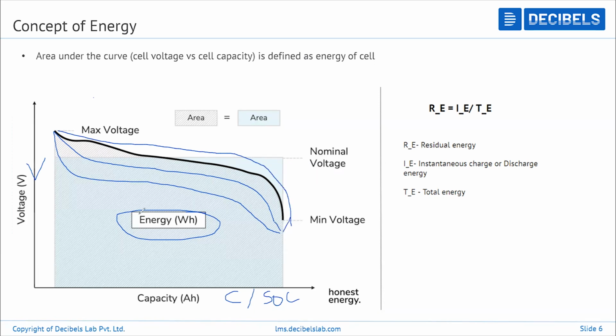At the end, the energy area between voltage and capacity decreases, so we are not utilizing the complete energy here.